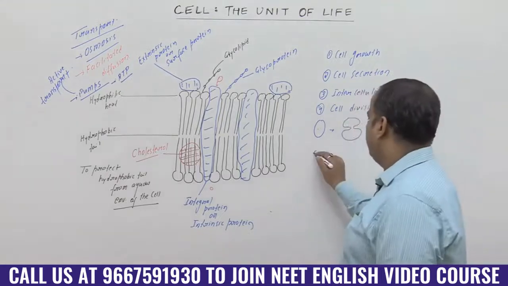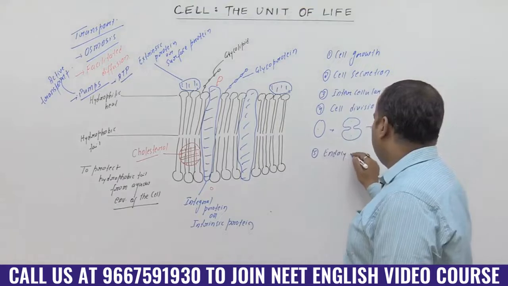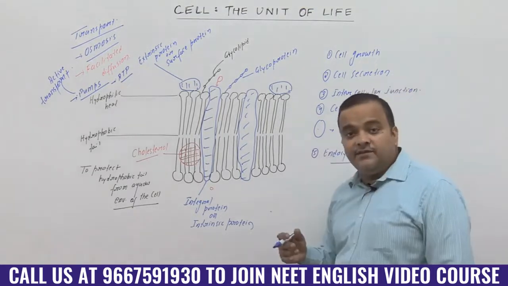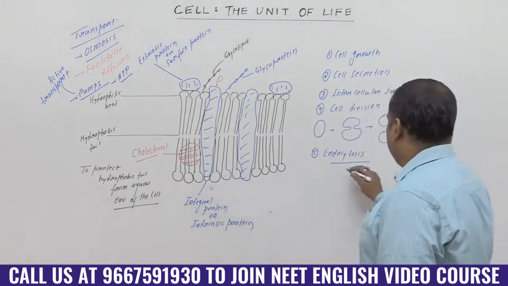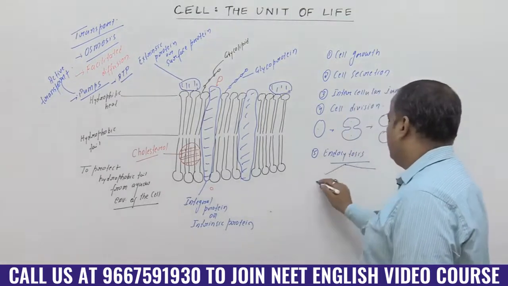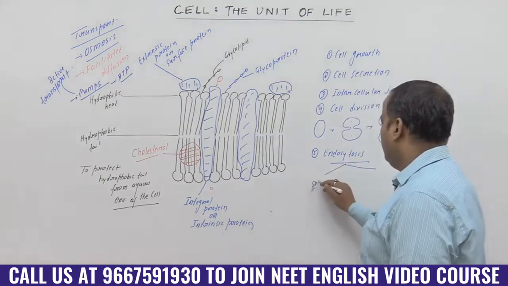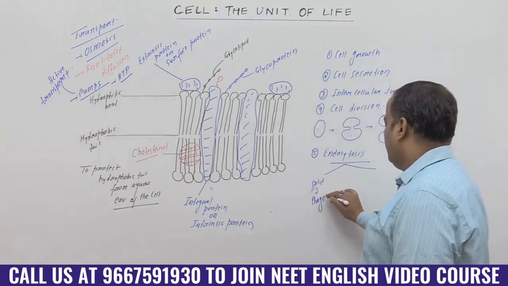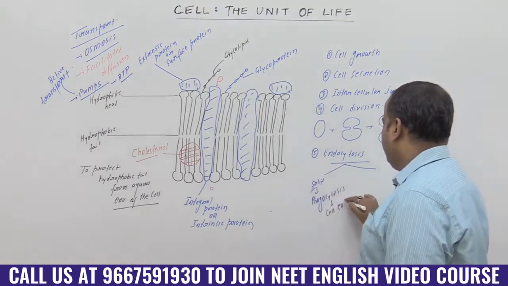Then endocytosis, movement of substance inside the cell or outside the cell. That is of two types. If it is a solid substance which is moving, then it is known as phagocytosis, or we also call it cell eating.